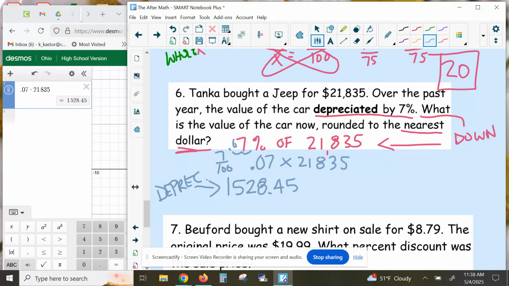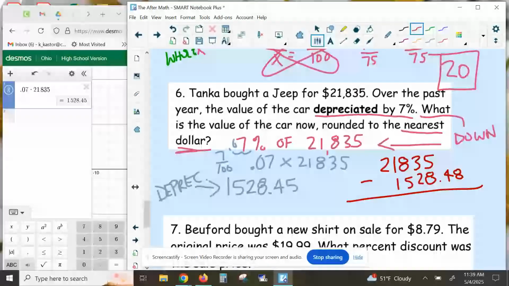So that means I have to take how much my Jeep cost me, $21,835, and I need to subtract $1,528.45. So I gotta subtract this.